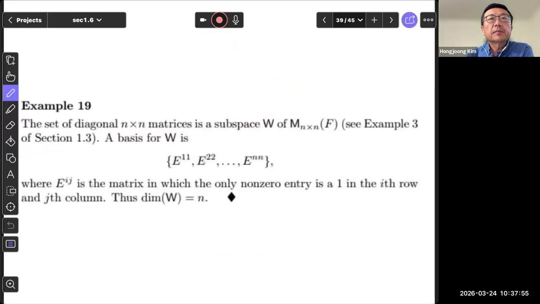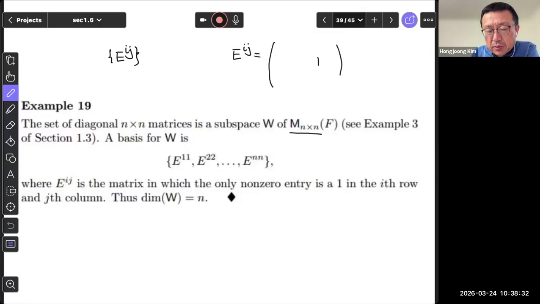In example 19, suppose that we consider a large vector space M sub n by n, the space of the collection of all the n by m matrices. Now, previously we considered a certain basis of that space, right? So we considered the set of E^ij, which is an n by m matrix.